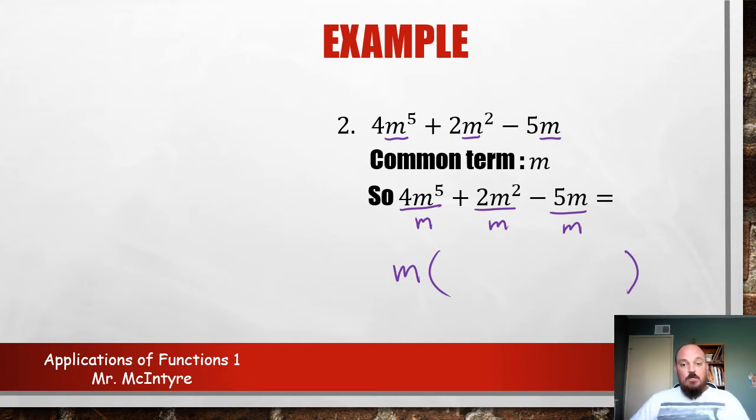Now what's left over is what's left over after I divide by m. Now when you divide by m, you're basically subtracting exponents. You're saying, okay, I have 4m to the 5th. That means I have m 5 times. Well, if I divide one of them off, I'm canceling one of those and I have 4 left. So what I'm going to have is 4m to the 4th power.